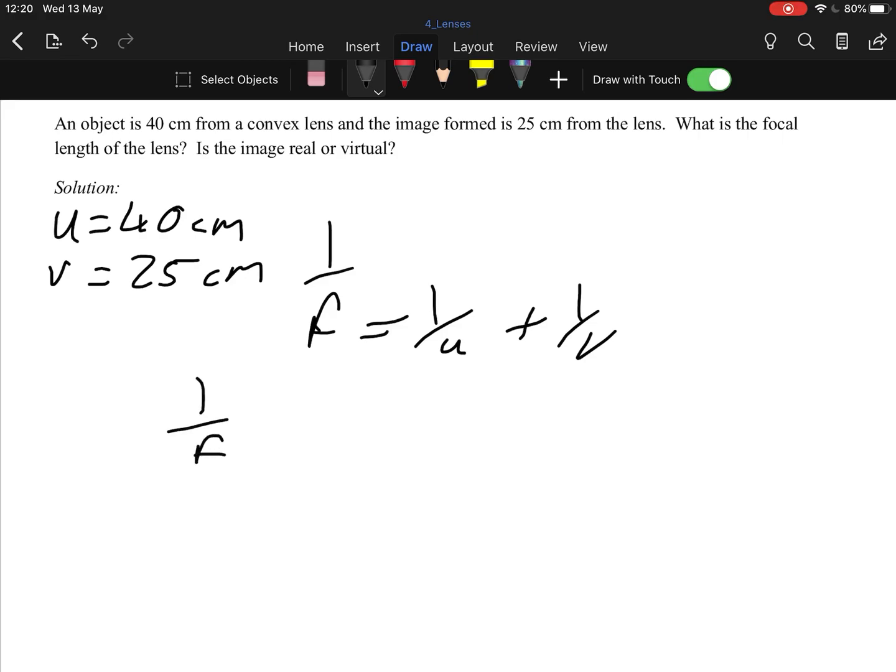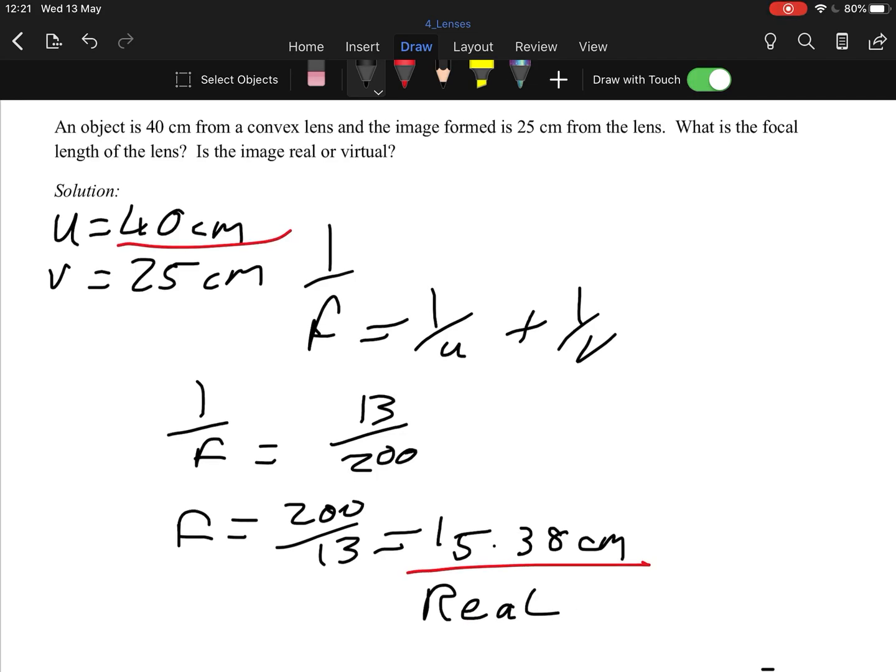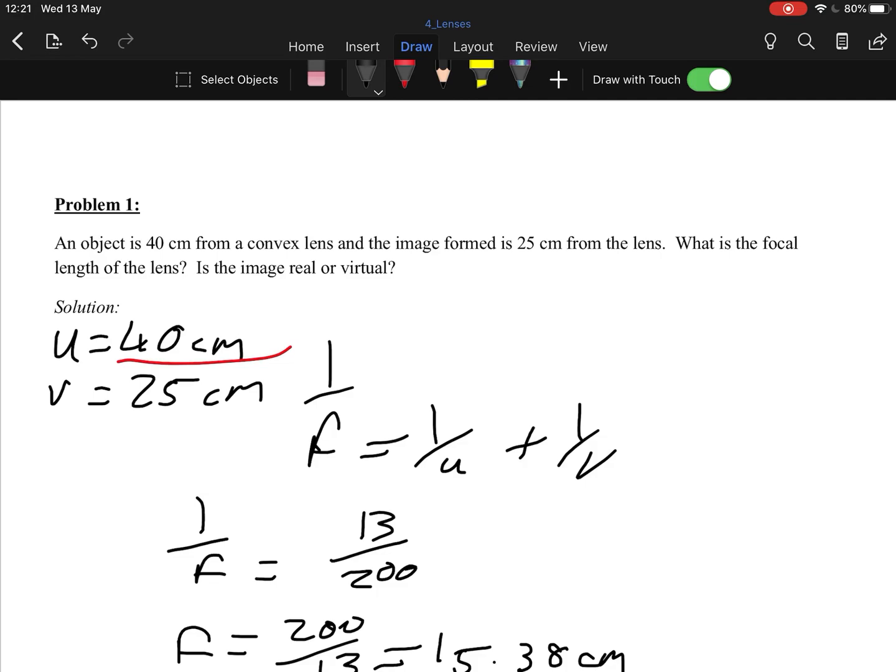So that should give you 1 over f equals 13 over 200. So we invert, which means f is equal to 200 over 13, which means f is equal to 15.38 centimeters. Now, is it a real or virtual image? Well, u is at 40, so therefore it is real. It's a real image because the object is outside the focal length. And that's it. Very straightforward.